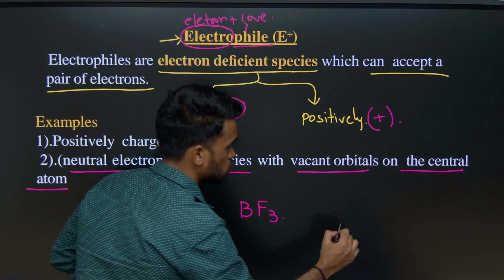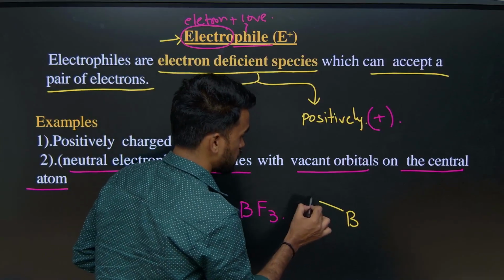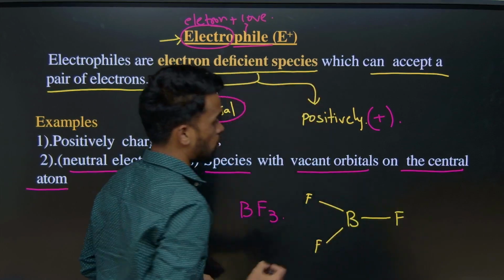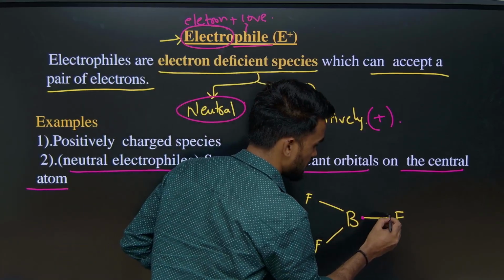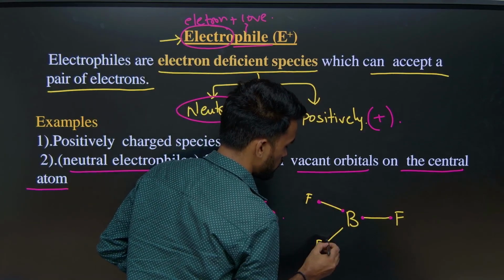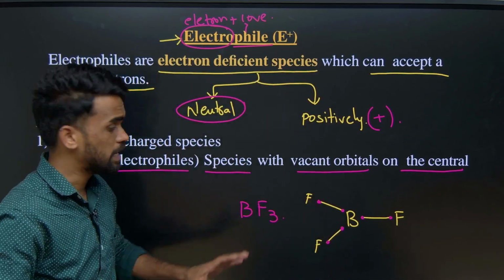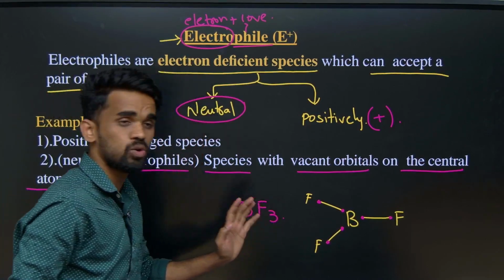Three fluorine atoms are connected to boron. Now count the electrons around the boron: one, two, three, four, five, six. So boron in BF3 has only 6 electrons.